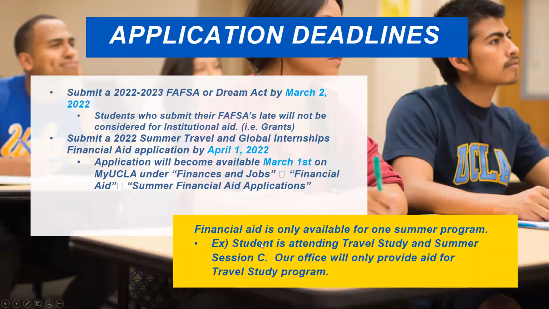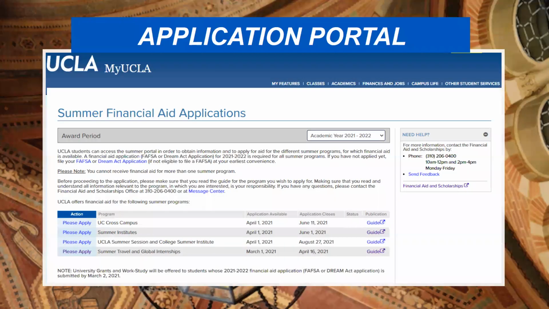And then, well, I'll come back to this that's here in the yellow. When you log into My UCLA and get to the Summer Financial Aid Applications, this is where you'll be.